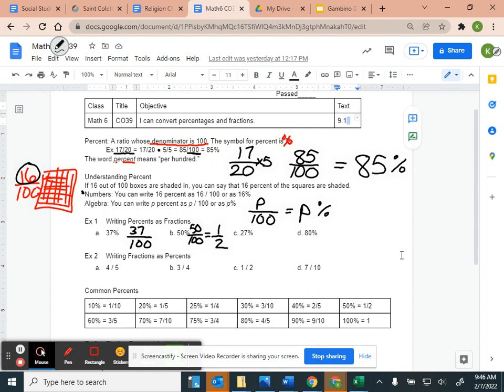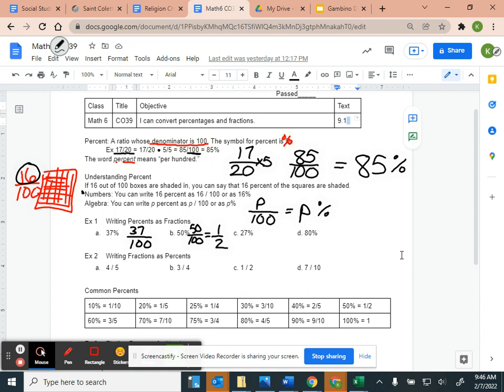And I can divide a 50 out of both 50 and 100. 50 divided by 50 is 1. 100 divided by 50 is 2. So we always want to simplify our fractions. We wouldn't want to say 50 hundredths. We would want to say 1/2. On the test, it's going to say simplify.